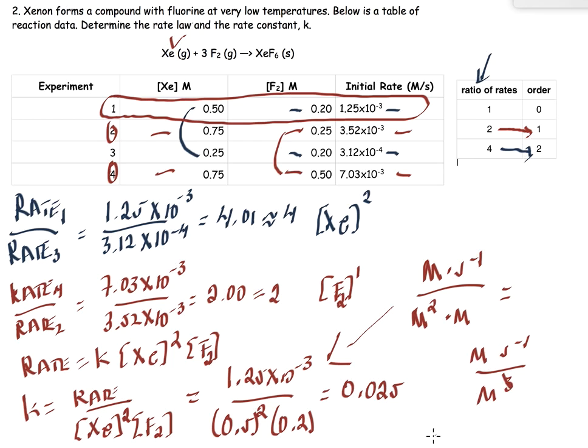So 1 of these goes away, so what we have is molarity to the minus 2 seconds to the minus 1, okay? So that's our final answer here for the rate constant. This is a third order reaction overall, where the sum of the exponents 2 and 1 is 3, and so it has these funny looking units here.